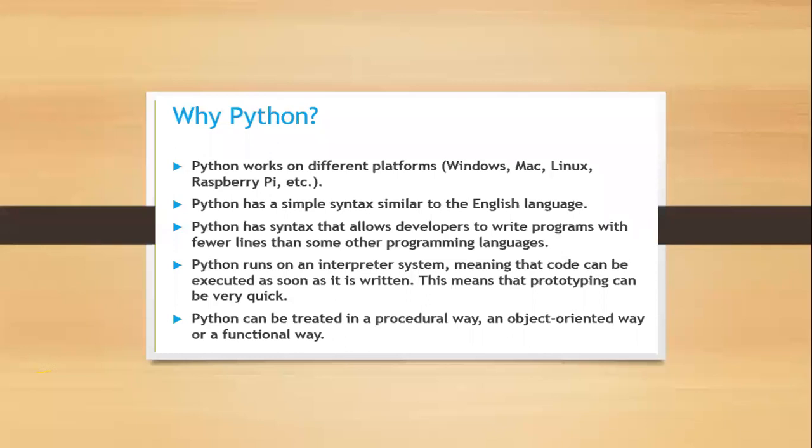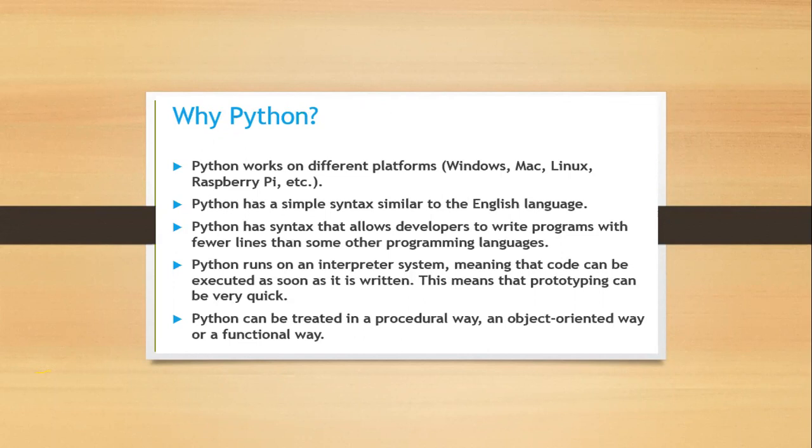Every programming language also comes with its rules, like the language syntax. And that is what we are saying, that Python has a very simple syntax that is just as similar to English in a way, so that if you know English, you're good to go. Python has syntax that allows developers to write programs with fewer lines of code. I will show you immediately.